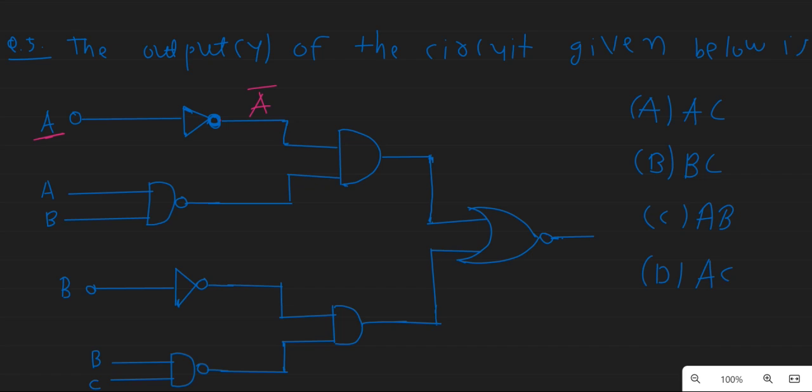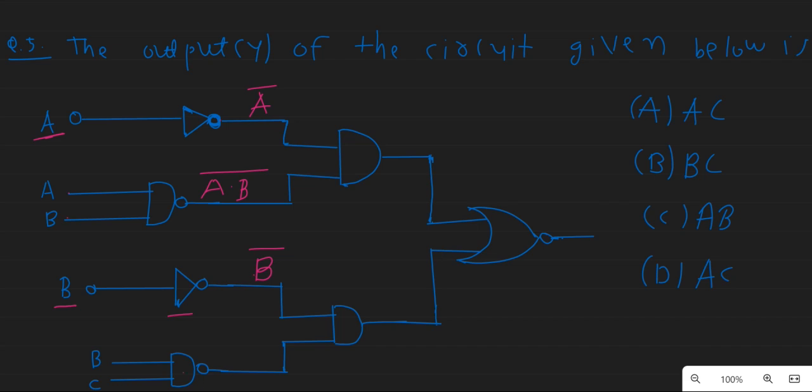and two inputs A and B are given, so output at this will be A dot B bar, since it is a NAND gate. Again here B input is given and this is a NOT gate, so output at this point will be B bar.